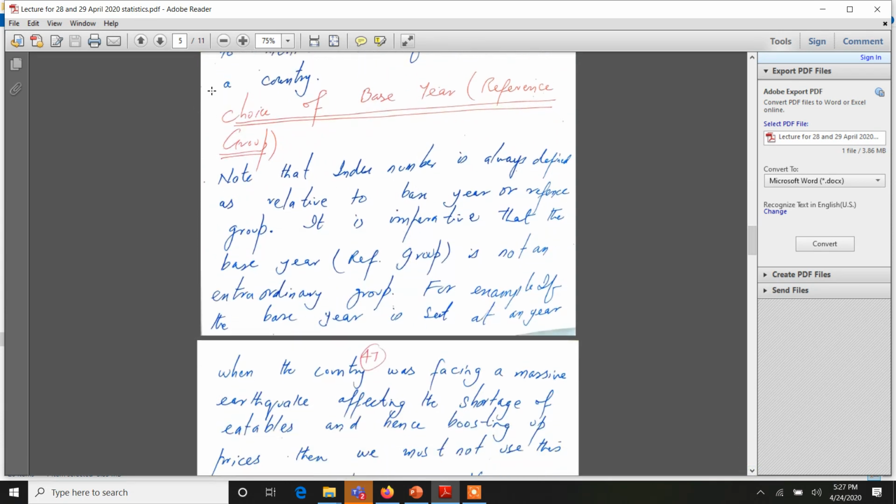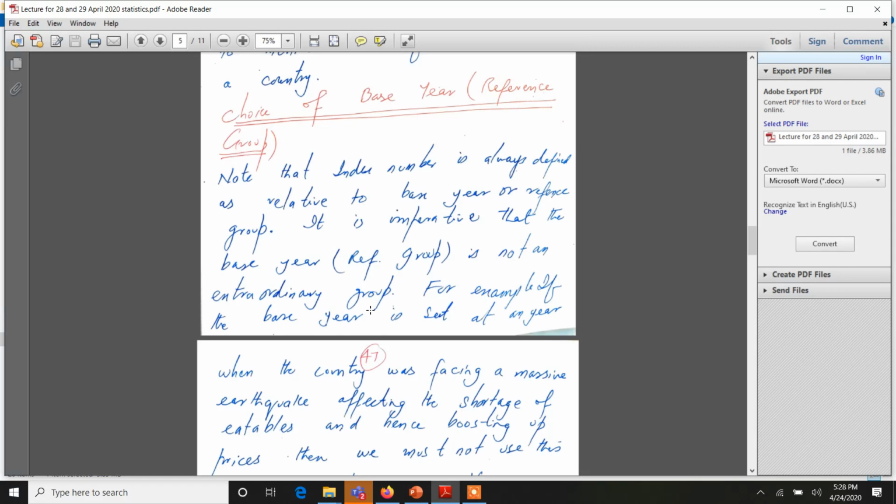Okay, next we discuss how to choose the base year or the reference group. The base year or the reference group is the one with which we want to compare our new results or new values. Note that an index number is always defined relative to the base year or reference group. It is imperative that the base year is not an extraordinary group.